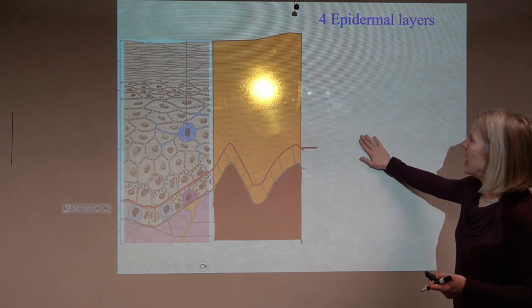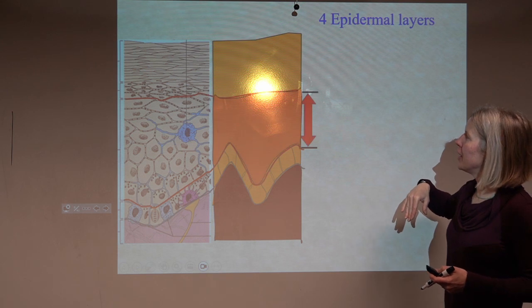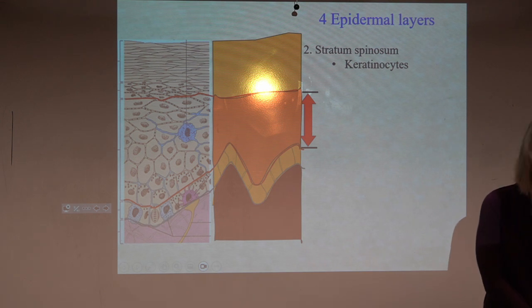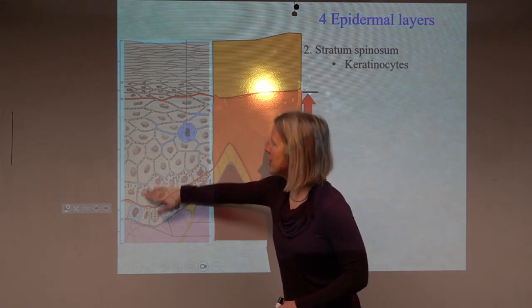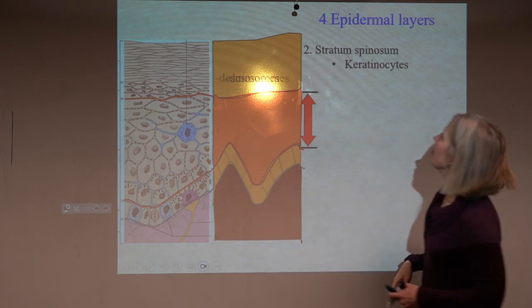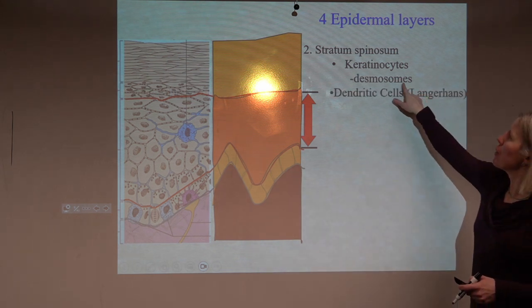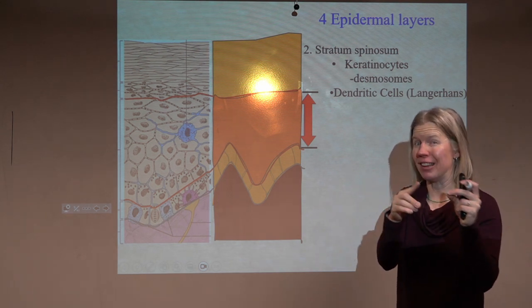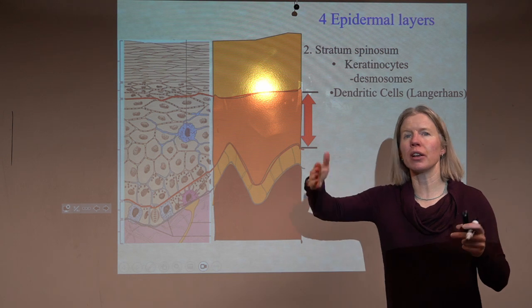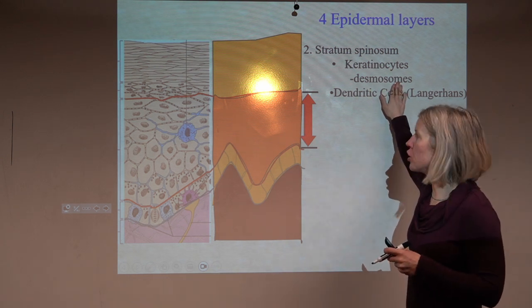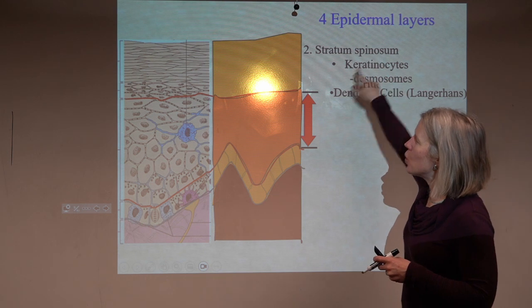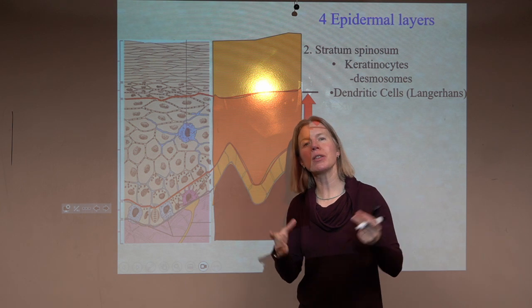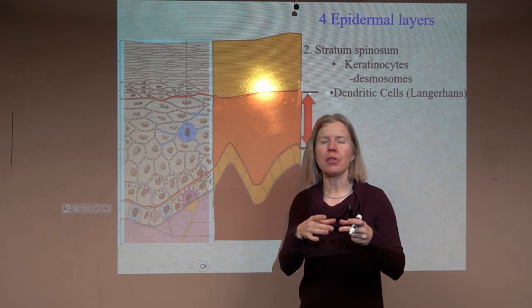Okay. As we move more superficially, right, we get to the stratum spinosum. Now, stratum spinosum is primarily keratinocytes, right, but we also find that dendritic cell. Remember desmosomes, those were the junctions that held neighboring epithelial cells together. Remember, epithelium is so cellular, we had all those specialized junctions. In spinosum, basically, the name is that these cells look spiny. So this is an artifact of the way this works in histology.